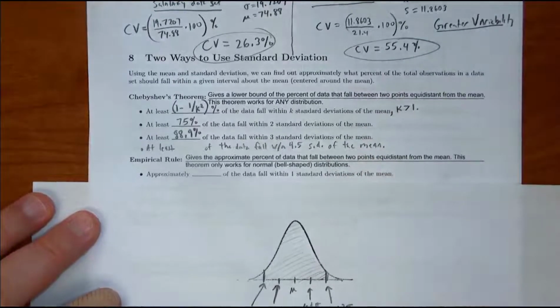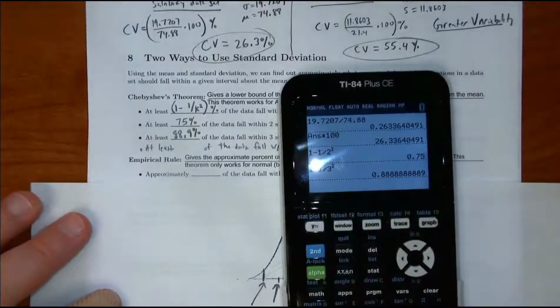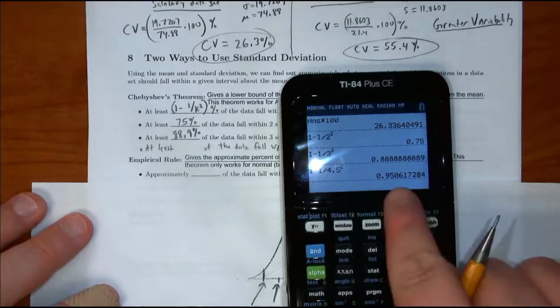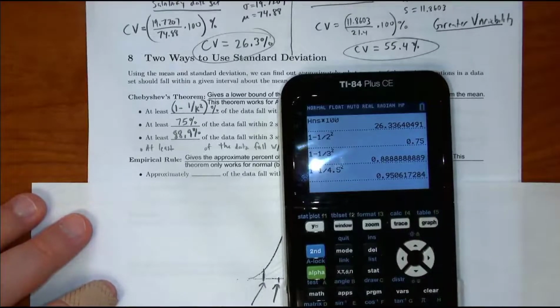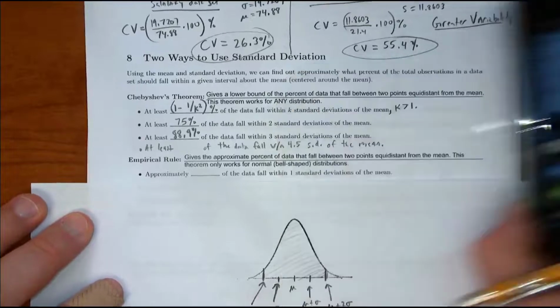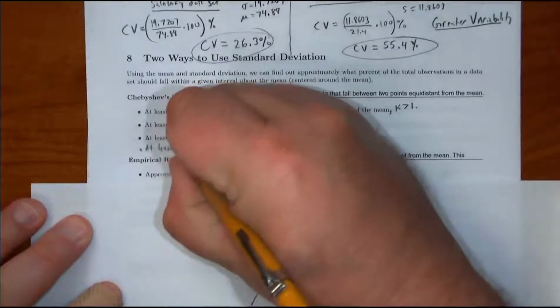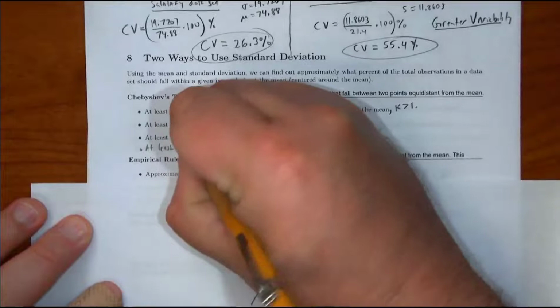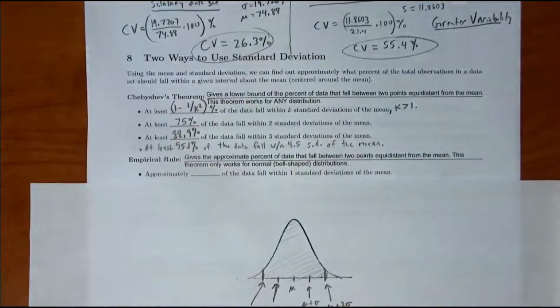You can plug 4.5 into the formula. So 1 minus 1 divided by 4.5 squared looks like 95%, basically. If you turn it to a percent and round to 1 decimal place, it'd be 95.1%. All you have to do is plug into the formula.